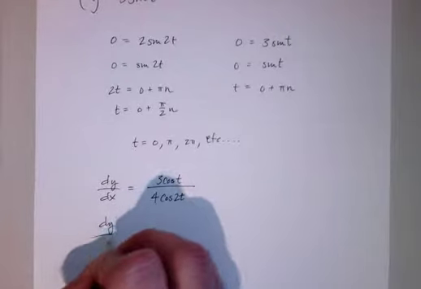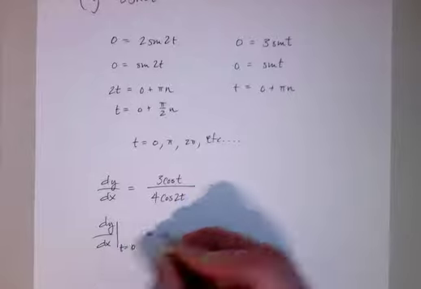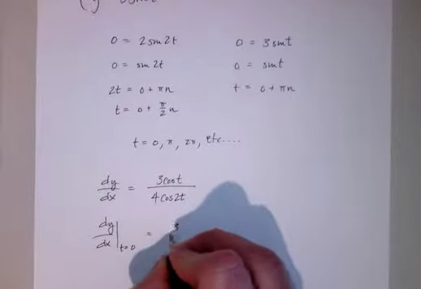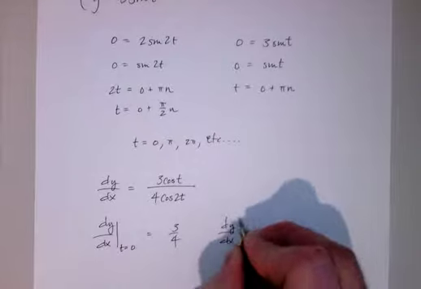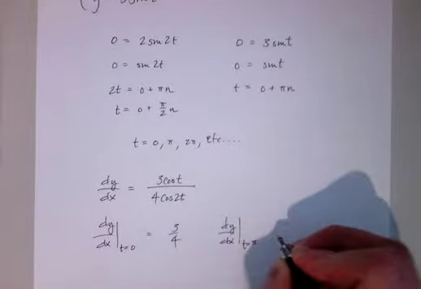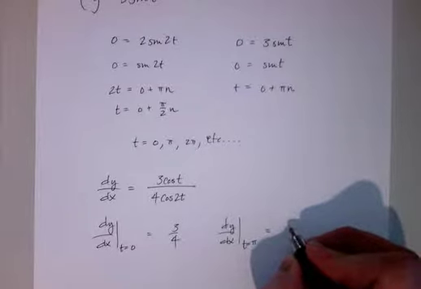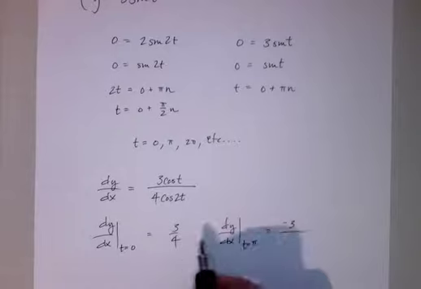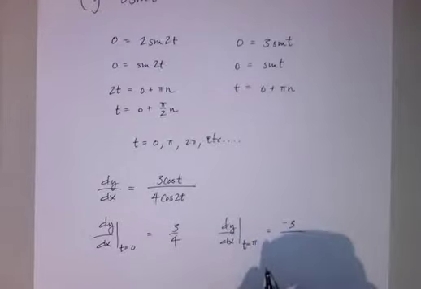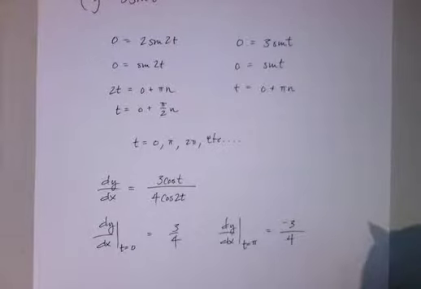So dy dx at t equal to 0, you're going to get 3/4. Dy dx when t is equal to pi, you're going to get 3 cosine of pi. Well, that's going to be -3. And then you're going to get 4 cosine of 2 pi, so that's going to be +4, okay?